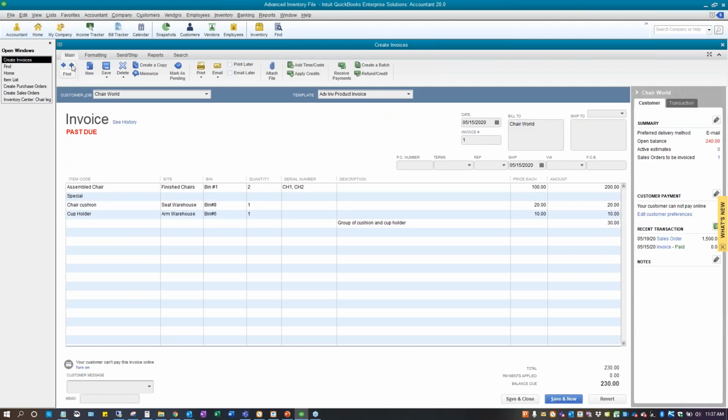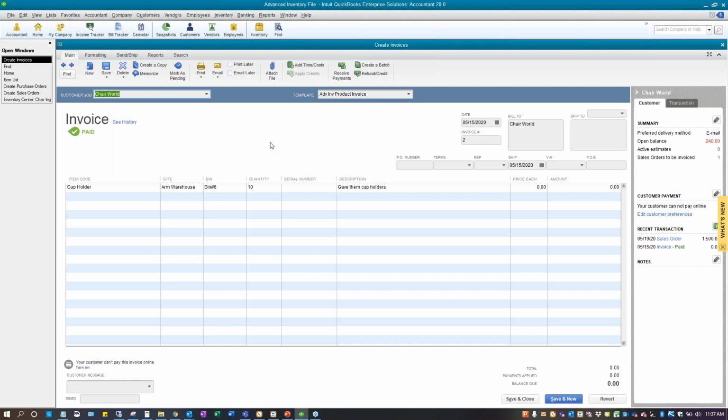The next invoice I wanted to talk about is a zero invoice. So in this case, I gave Chair World 10 cup holders. I wanted to make sure that my job costing for Chair World reflected those cup holders. I also needed to get those 10 cup holders out of inventory and into cost of goods sold.